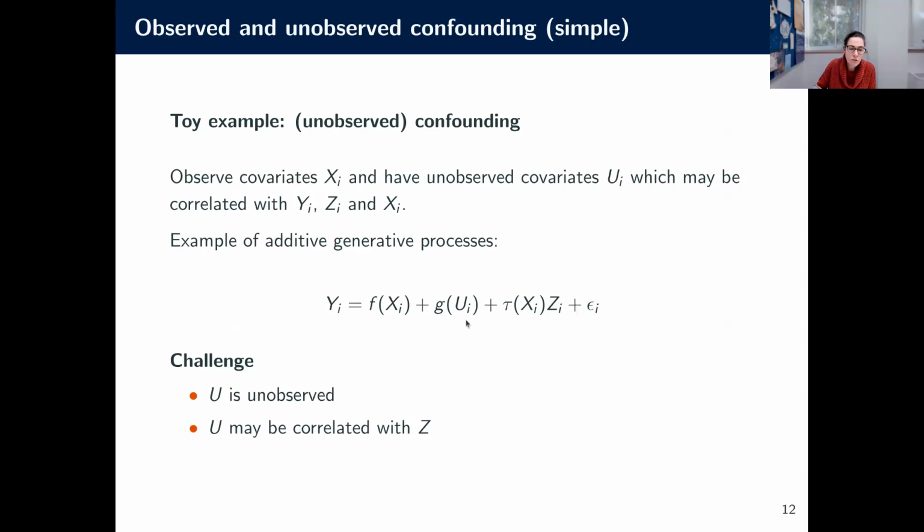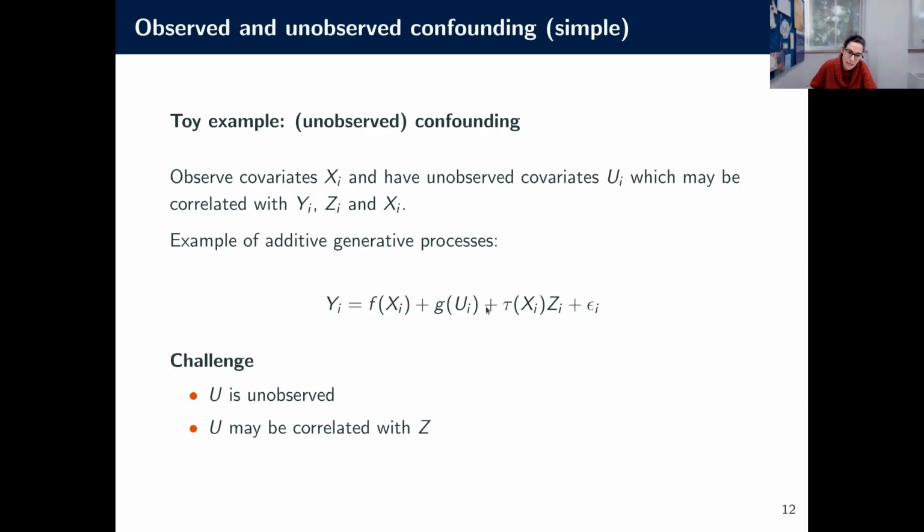The point here is that u is unobserved. If the u is not correlated with anything else, this doesn't matter. What would happen in reality is that it would get absorbed into the error. Potentially, I would have to have a more flexible error distribution, but it would be absorbed into the error.